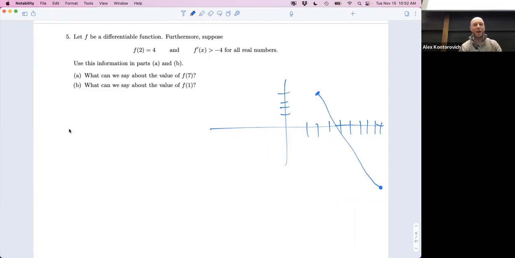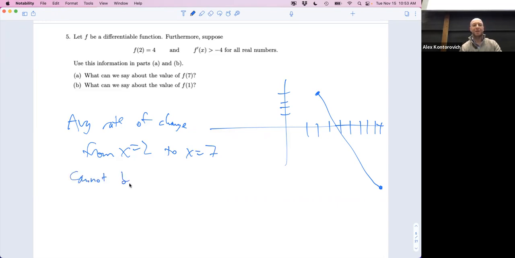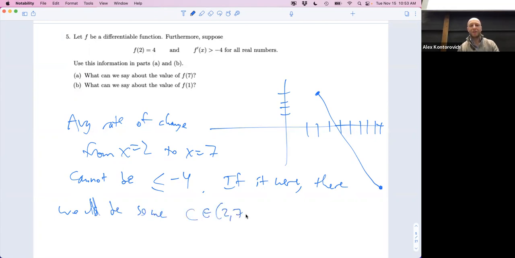So the average rate of change from x equals 2 to x equals 7 cannot be less than or equal to -4. If it were, there would have to be some point C in 2 to 7 with f prime of C less than or equal to -4, by the mean value theorem.